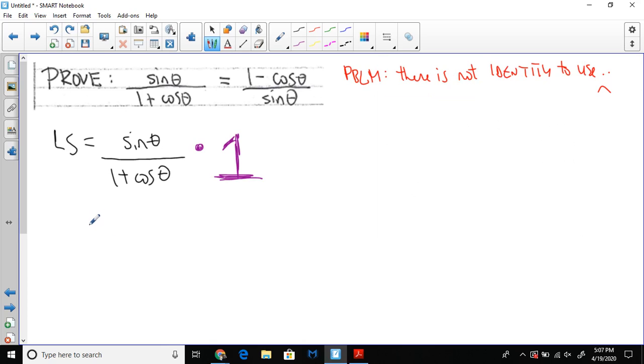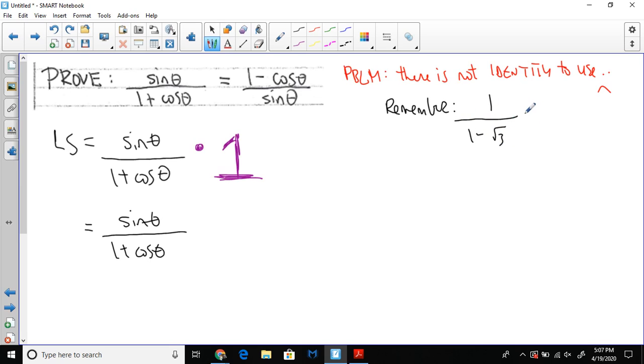So if you remember, when we had something like 1 over 1 minus root 3, we had to multiply by the conjugate.